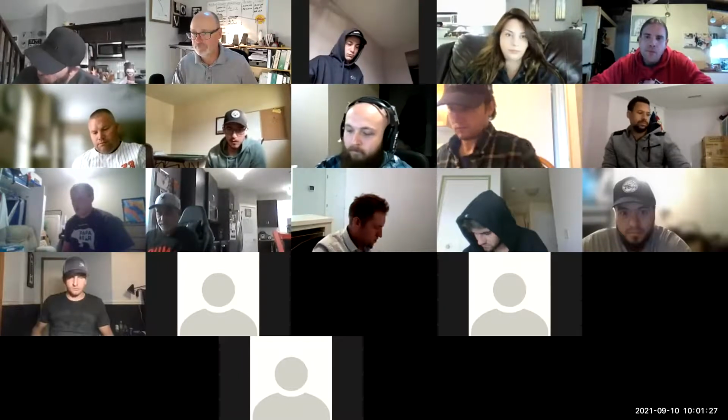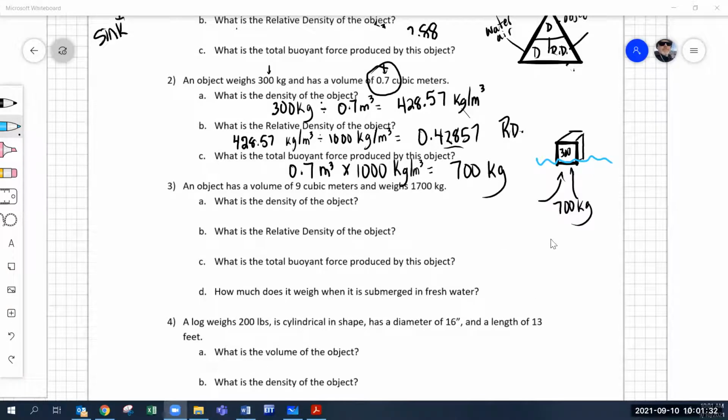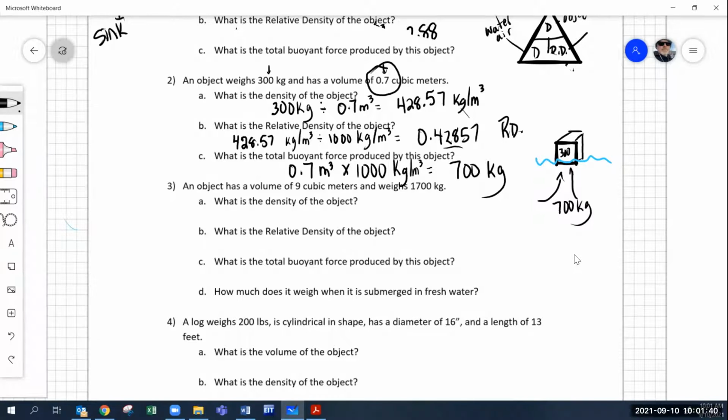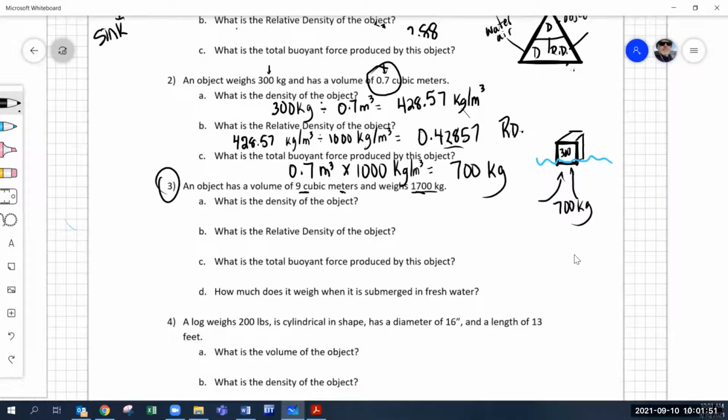There we go. Okay, we left off right here for number 3. Now for number 3 here, let me just give a different pen. Number 3, an object has a volume 9 cubic meters, excuse me, and weighs 1,700 kilograms. What is the density?